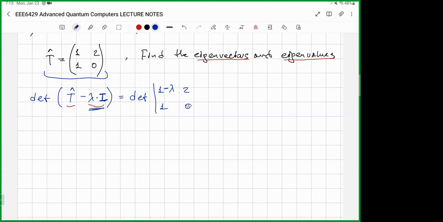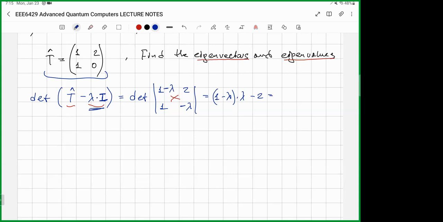All right, so yeah, minus alpha here as well. And now I have to find the determinant. The determinant here is the product of the diagonal minus the product of the off-diagonal elements. So it will be 1 minus alpha times alpha minus 2 is equal to, yeah, and this is the characteristic equation, right?